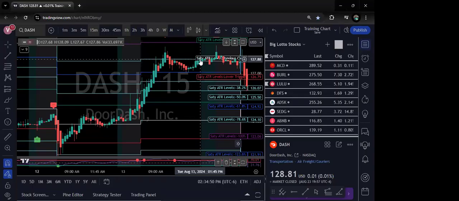The previous day the close was at the bottom, and then the next day the close is at the top. So that's a bullish 180, where the close was down here, and then the next day the close is up there.